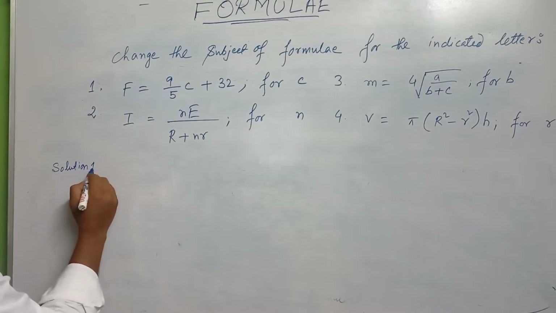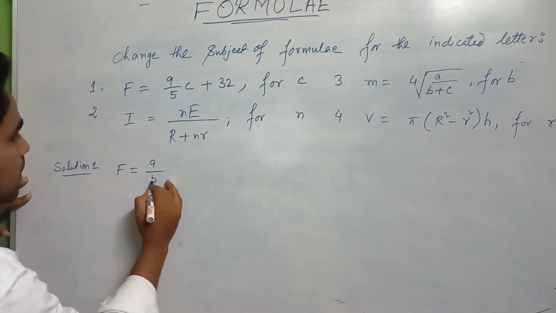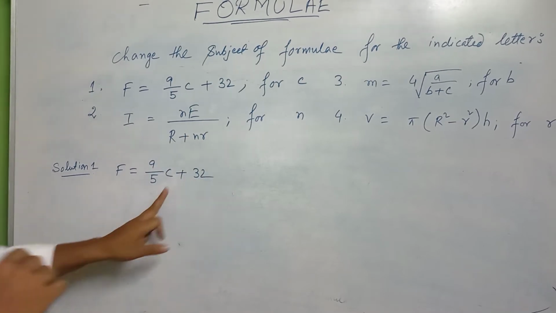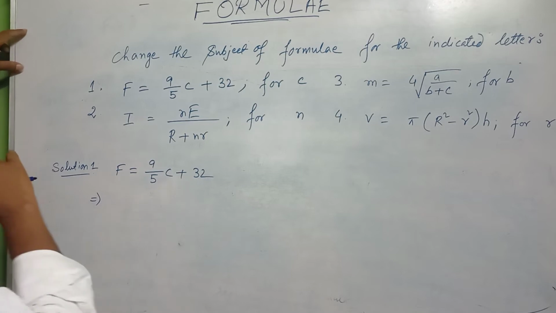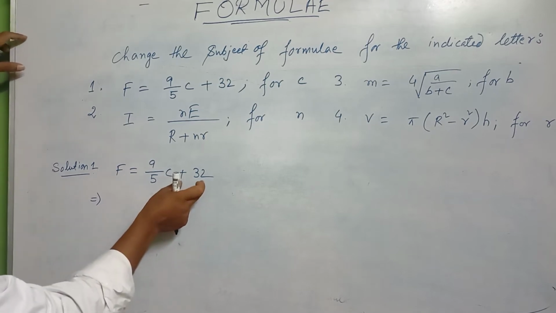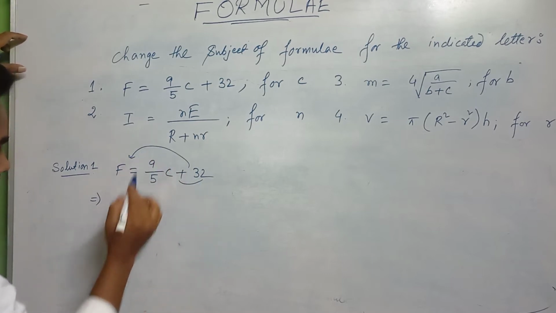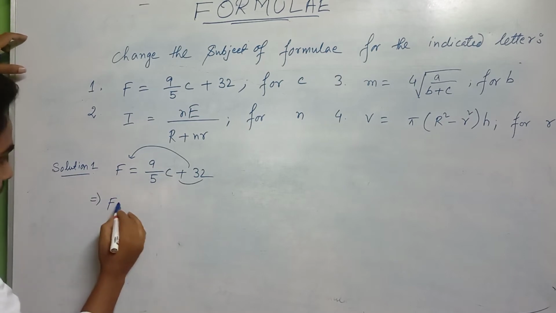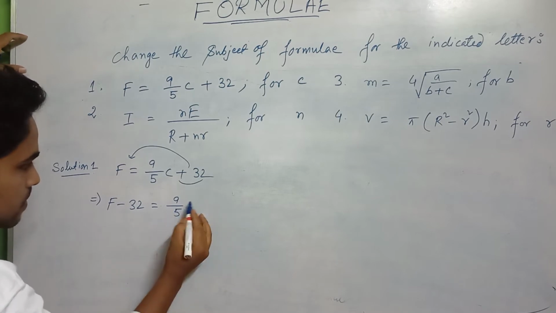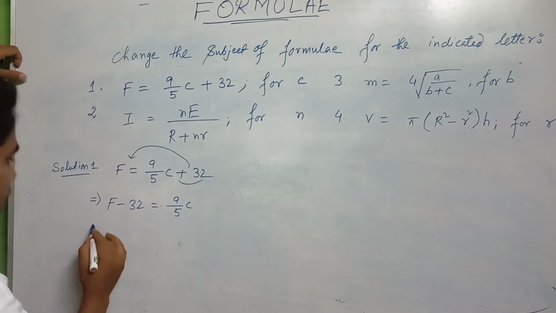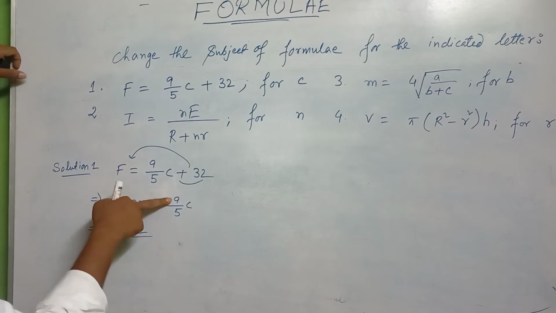Solution 1, f equal to 9 by 5 c plus 32. We need to find out c. So we have to separate this c first. How? Look, here plus 32 is here. So I am taking this plus 32 to the left hand side. So plus will become minus. f minus 32 equal to 9 by 5 c, isn't it? Then 9 by 5 is over here.